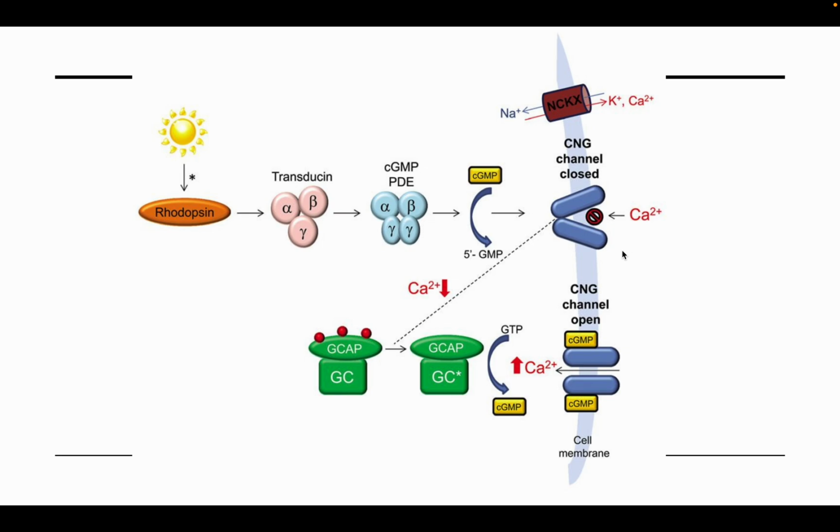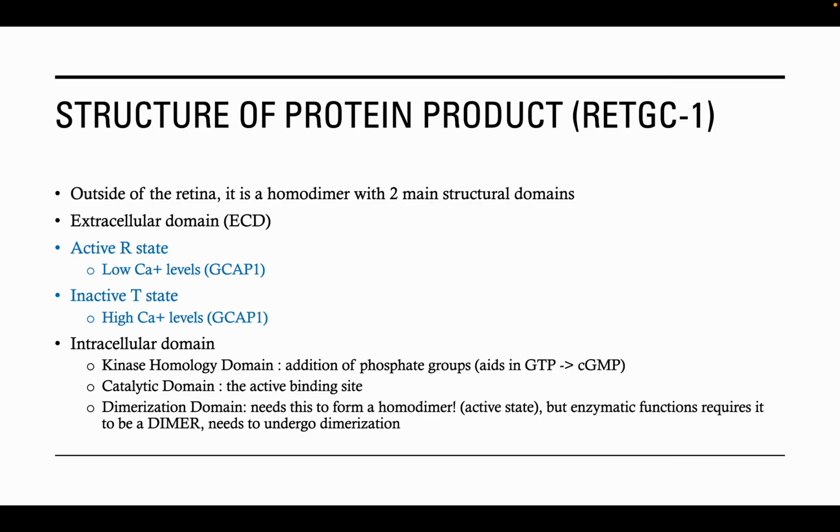The lower calcium levels activate the GCAP, and then the GCAP binds to RET-GC1, which in turn converts GTP into cGMP, and then allows calcium to flush in. Once the calcium flushes in, it tells it to stop producing cGMP because we have enough calcium inside the cell. We're going to talk a little more about the GCAP when we get to that.